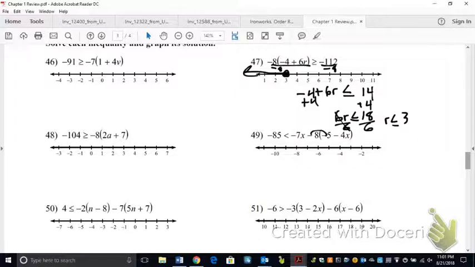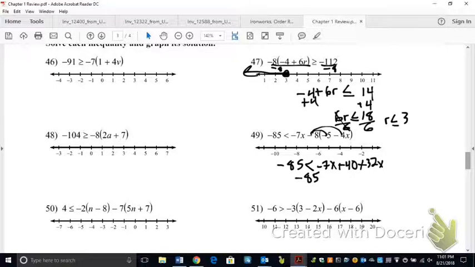49. Here we're going to have to distribute. So we're distributing a negative 8 across. So we end up with negative 85 less than negative 7x. And then we're going to go negative 8 times negative 5 is plus 40. And negative 8 times negative 4x is plus 32x.